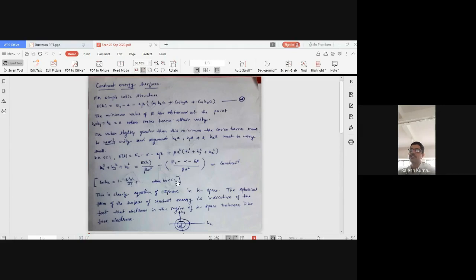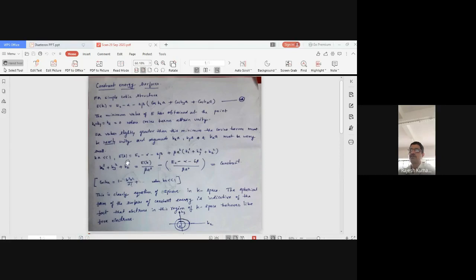So in place of cos kxa, substitute 1 minus kx squared a squared by 2 factorial; in place of cos kya, 1 minus ky squared a squared by 2 factorial; and in place of cos kza, 1 minus kz squared a squared by 2 factorial. Then go for simplification.